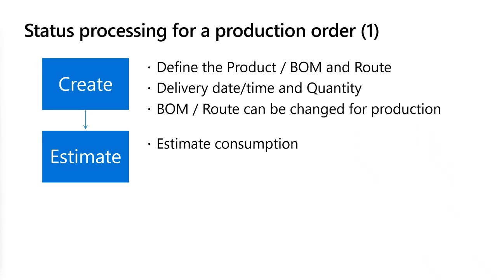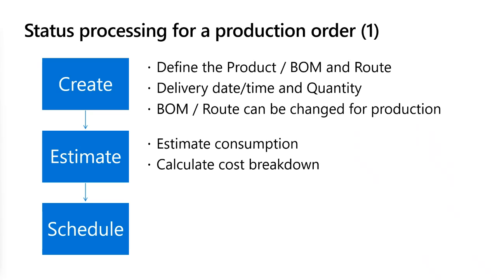This means the planned consumption is calculated for items, resources, surcharges, etc. As a result, you can review the pre-calculated results and the cost breakdown. In case you decide to change the bill of material and route afterwards, it is recommended to re-estimate the order. In the resources section, we have two linked specific tech talks for the costing series with more details on that topic.